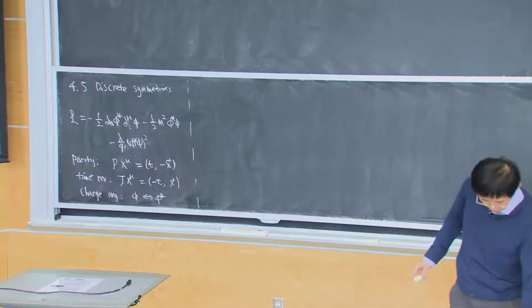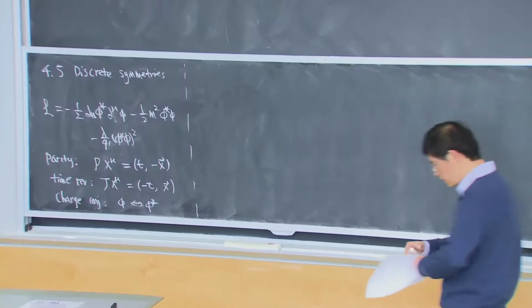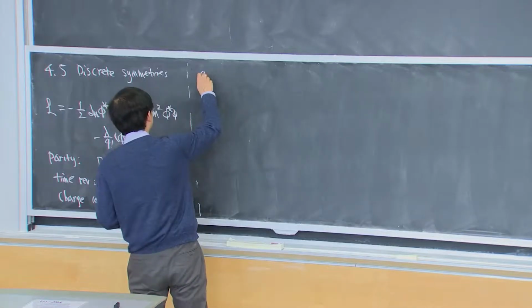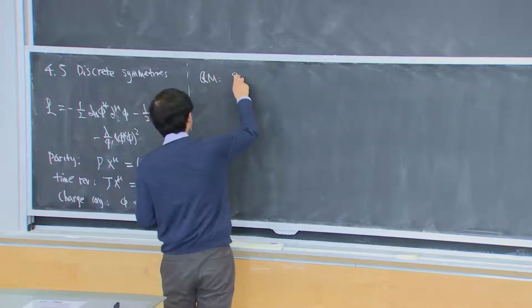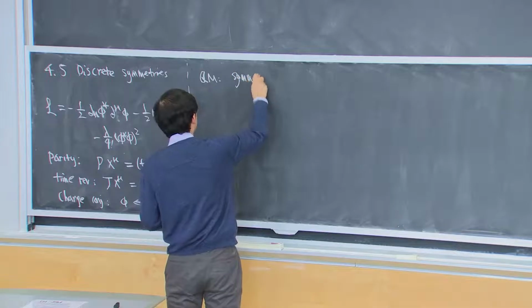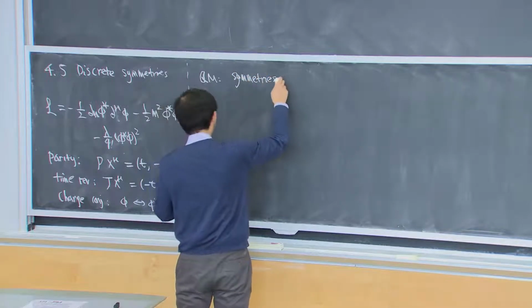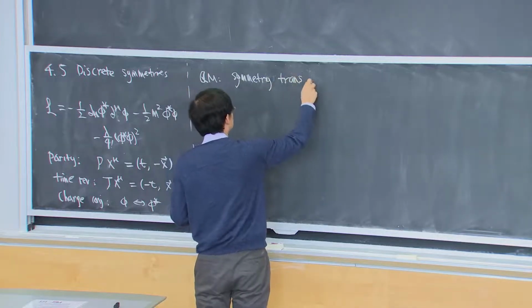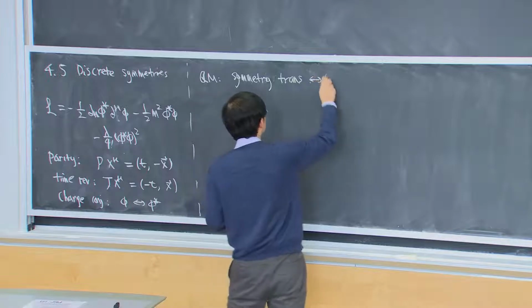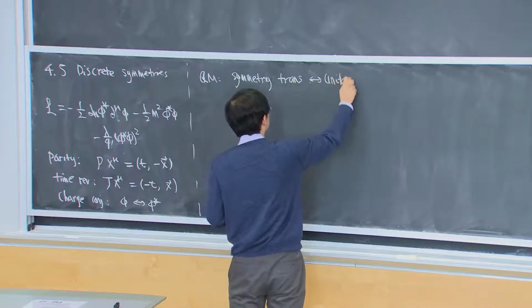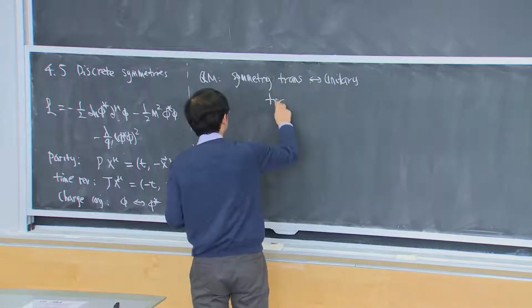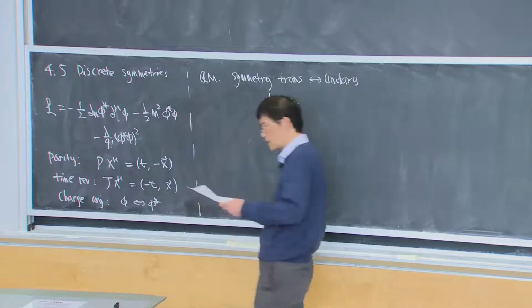So at the quantum level, in quantum mechanics, symmetry transformations are implemented as unitary transformations.